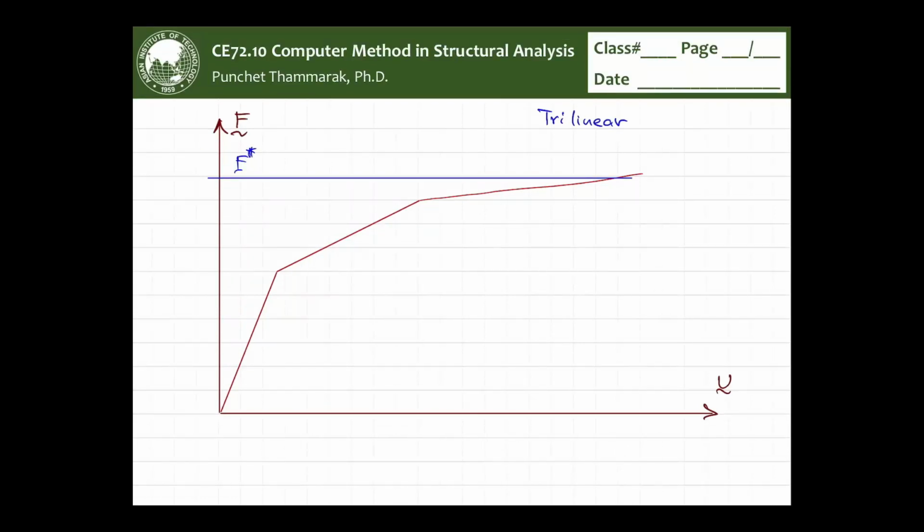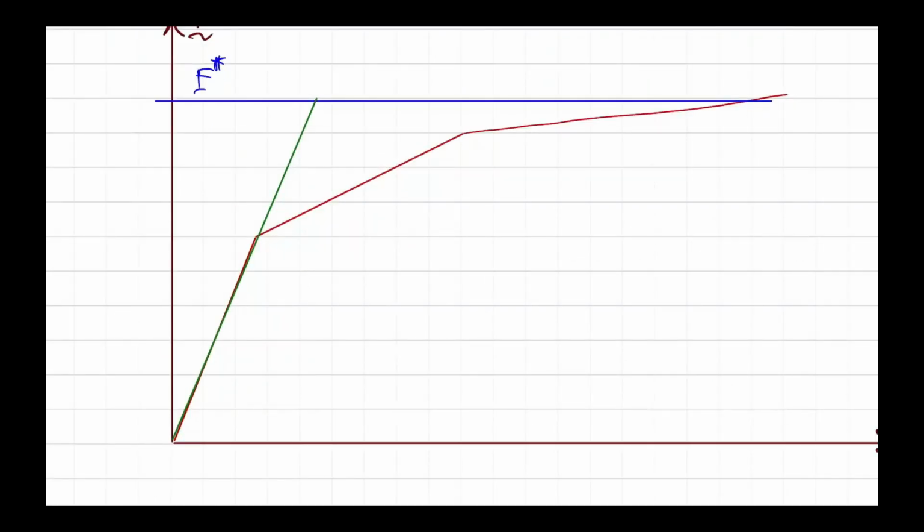So as this one is trilinear, we start again. Okay, so we have the first slope.